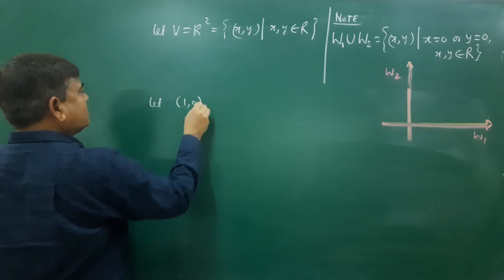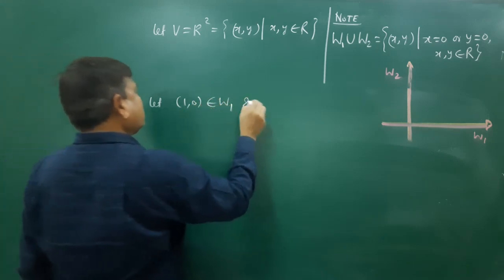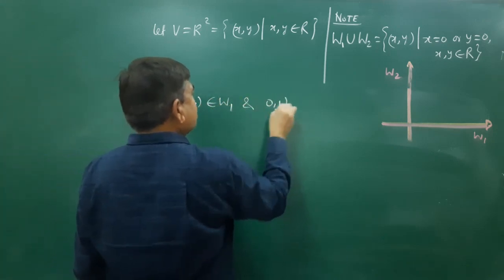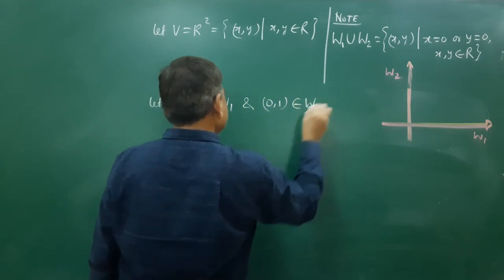Let (1, 0) belong to W1 and (0, 1) belong to W2.